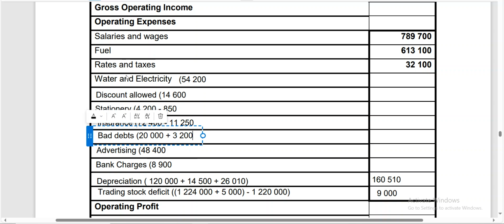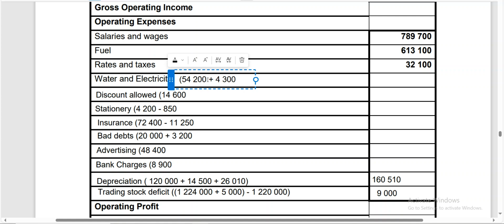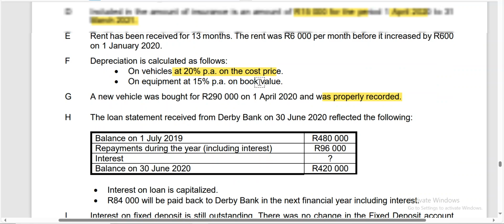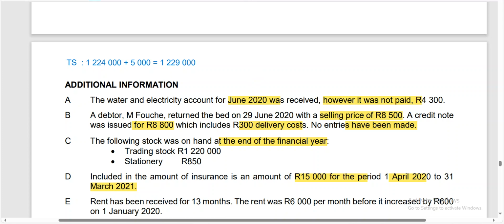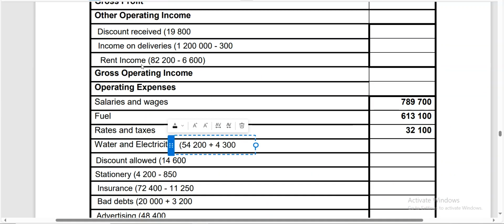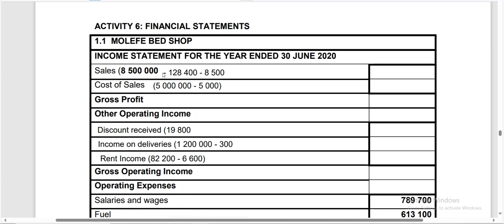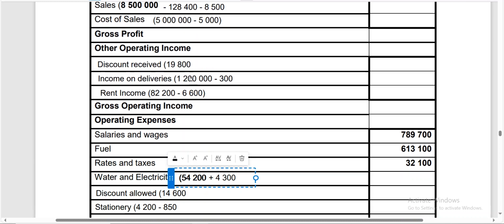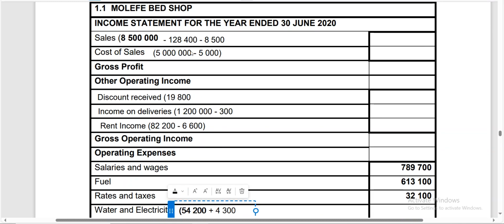On water and electricity, it was accrued by 4,300, so we said we will add 4,300. Those answers were not saved, but as long as you understand what I'm saying. Everything else is fine here, so we just need to update our information.